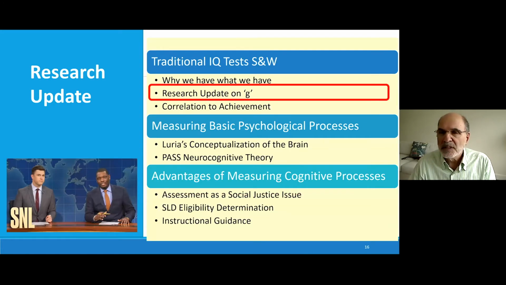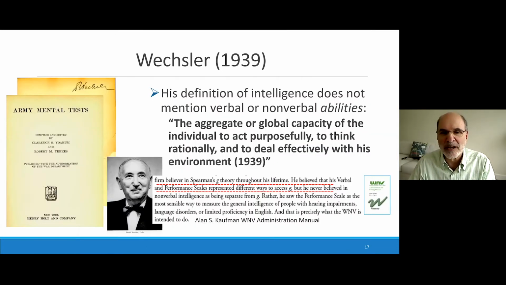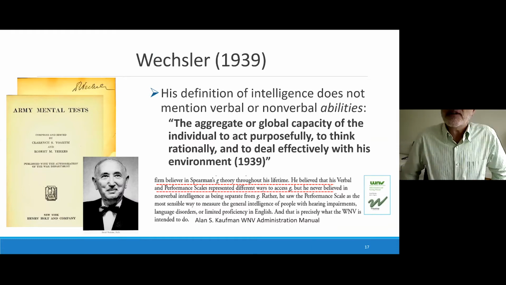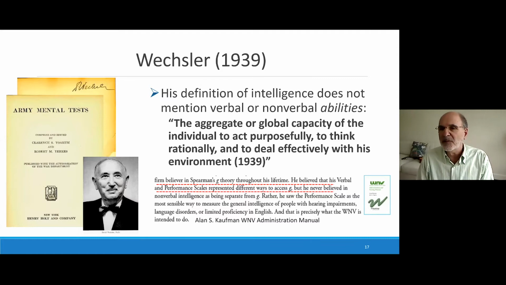Now, let's take another step. I'm going to show you a little, it's not Saturday Night Live, research update, but it's certainly a research update that you need to be aware of. So here's the thing. What was Wechsler's definition of intelligence? The aggregate or global capacity of the individual to think, act purposely, to think rationally, and to deal effectively with his environment.